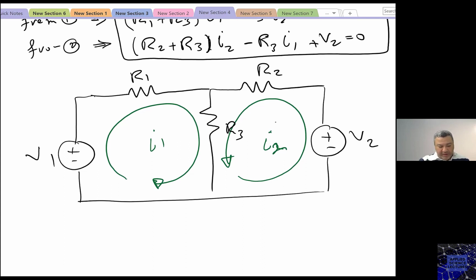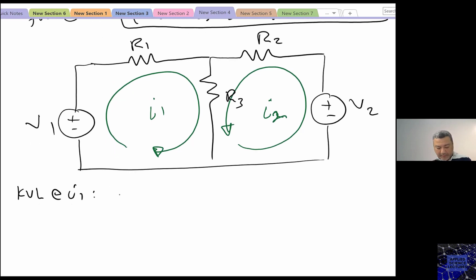then if I am to write the KVL at I1 would be minus V1 plus R1 I1 plus R3 I1. Now, here it comes to R3. I need now to add the contribution of I2. Look at I2. It is going in the same direction as I1 in R3.